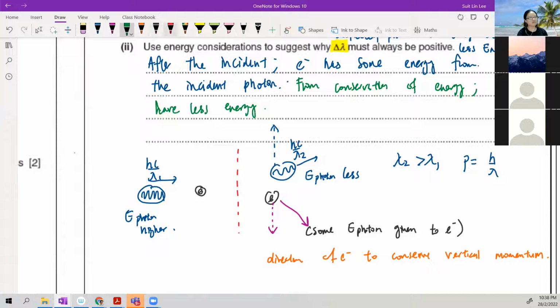And because of this, the photon will have a longer wavelength, and delta lambda is positive.